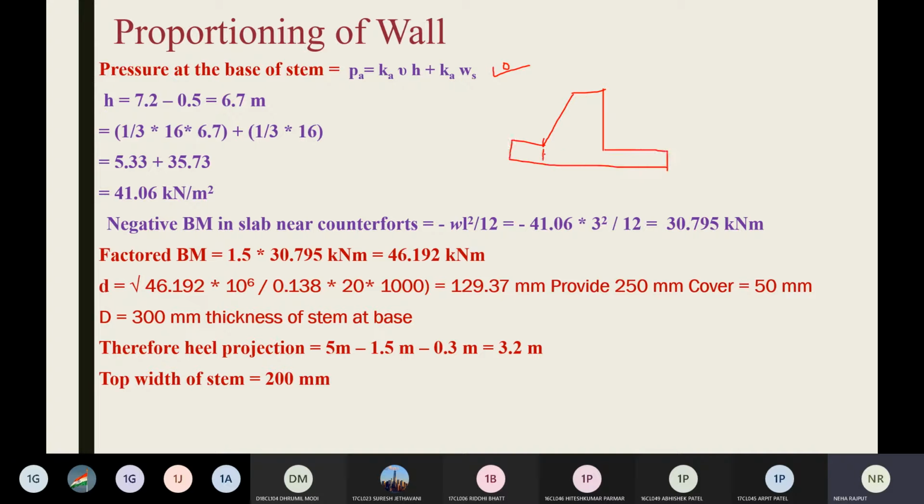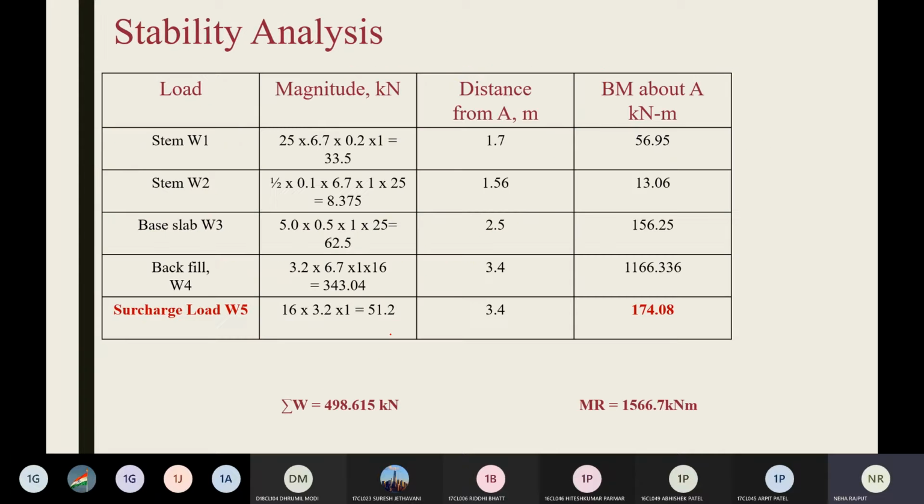So either you can assume this value and half of that will be your top value, or you can use this process. This process also I have explained in cantilever retaining wall, that you just find the pressure at this point, and then after you can find the remaining value. So this step is mentioned over here.